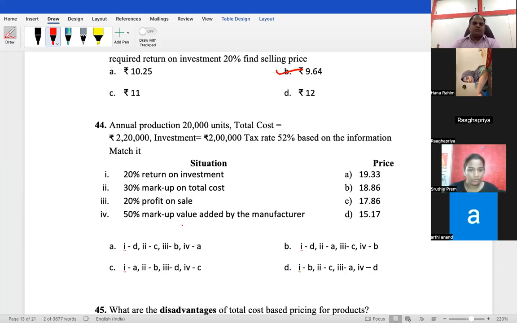Sales revenue 20,000 X. Selling quantity 20,000 is there, 20,000 into X, 20,000 X. Less cost 2,20,000. Balance is equal to profit before tax, 20,000 X minus 2,20,000.